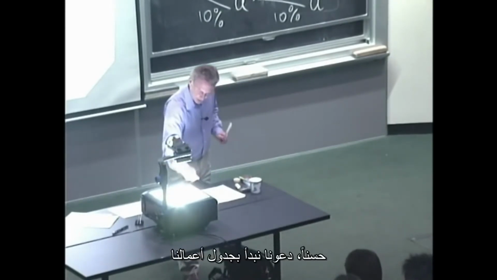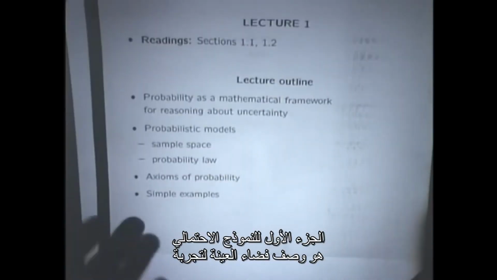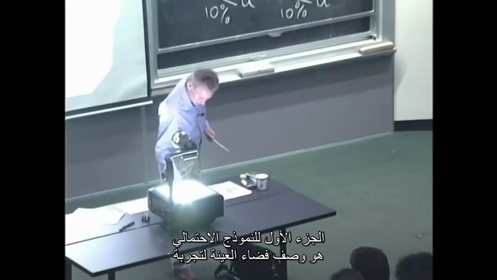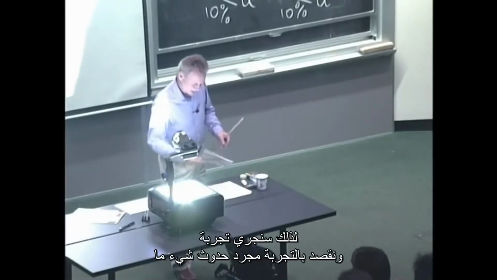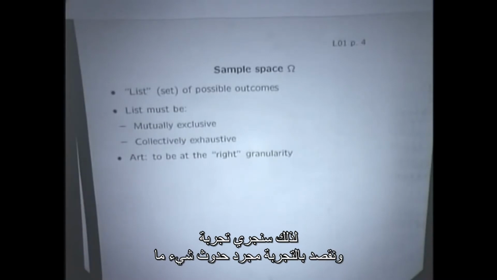Okay, so let's start with our agenda. The first piece in a probabilistic model is a description of the sample space of an experiment. We do an experiment, and by experiment we just mean that something happens out there.